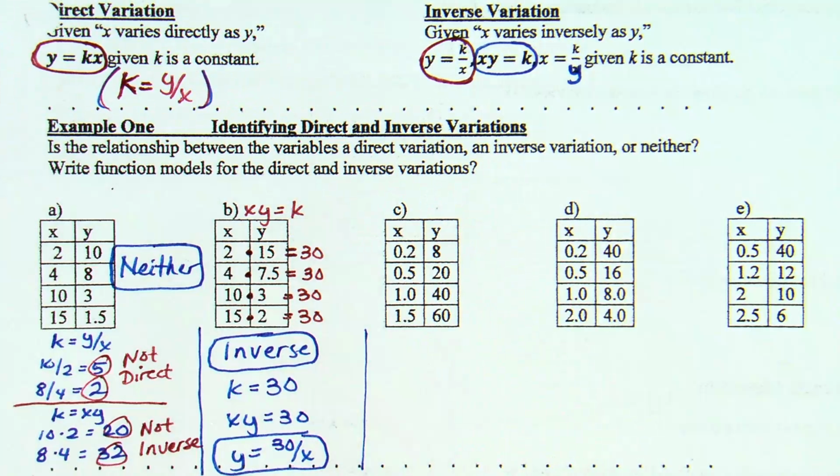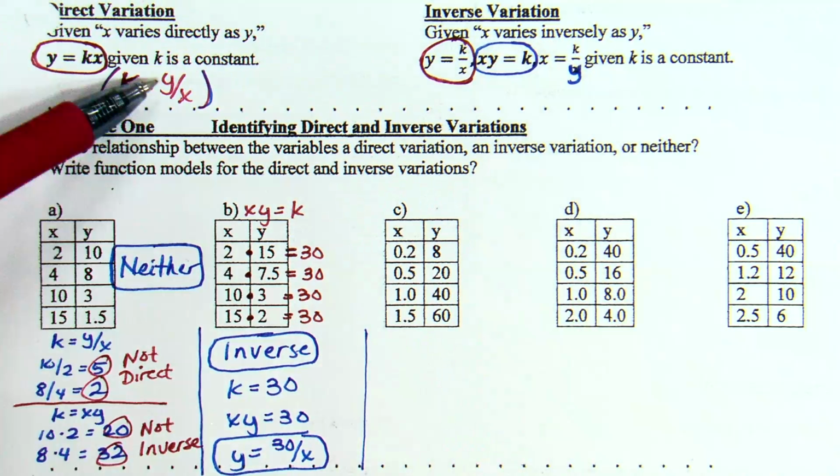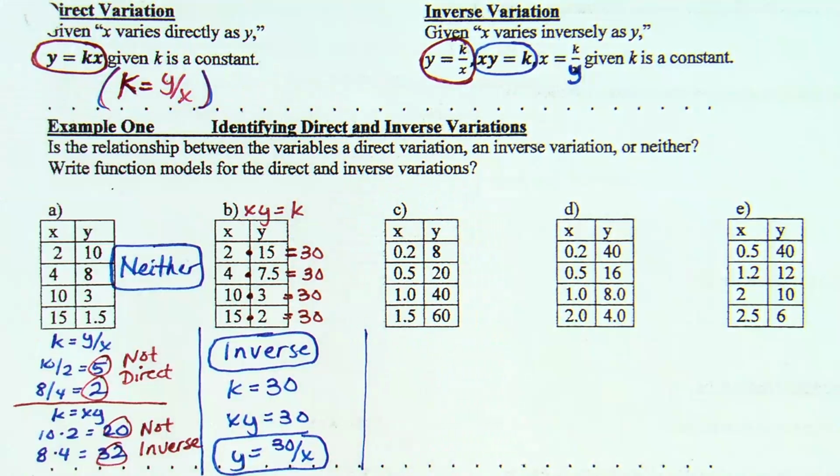Y divided by x. Does that matter? Yes, because as we are dividing, notice it's y divided by x up here. You could do x divided by y, and that will still tell us it's a direct variation. However, it won't give you the right k value. So that's why you need to be doing y divided by x.